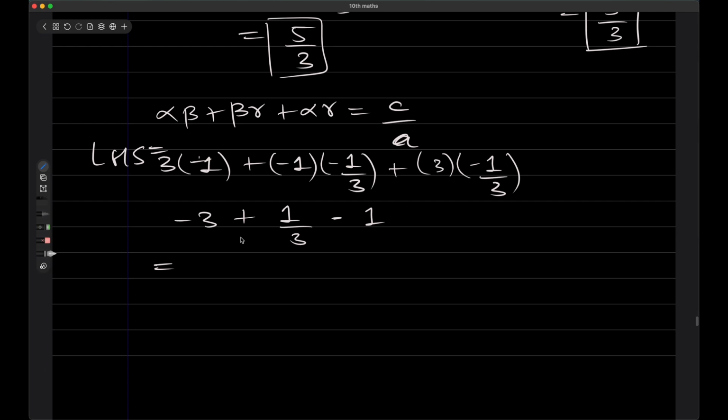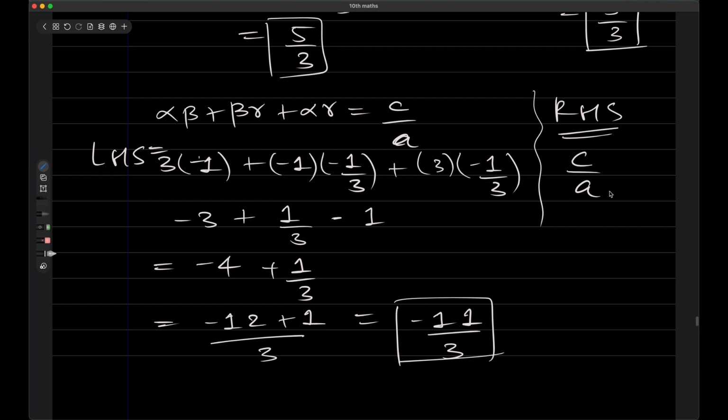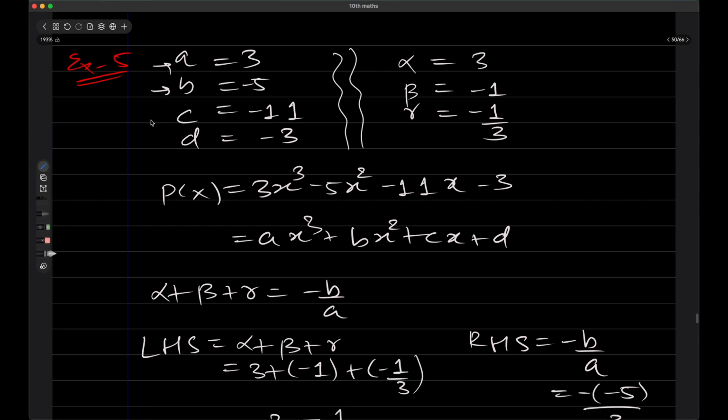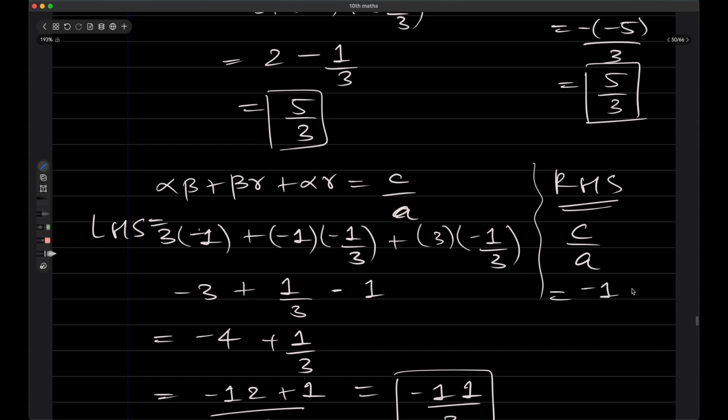That is minus 3 minus 1 is minus 4 plus 1 by 3, that is 3 fours are 12 plus 1 divided by 3, that is minus 11 divided by 3. If we check RHS, that is c divided by a, c is minus 11 and a is 3. We have LHS equals RHS.